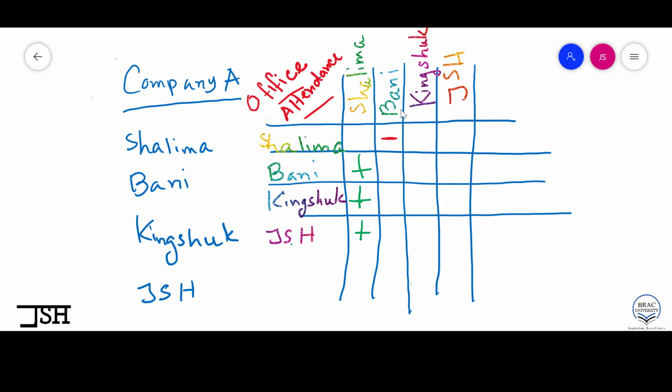Now, as we are describing Bunny's performance in this cell, we have to put a negative sign or a minus sign because Bunny has lost to Shalima, and losing is something negative for Bunny. So I guess it's clear now. For the same outcome, we are putting a plus sign in this cell. Why? Because between Shalima and Bunny, Shalima won, and winning is something positive for Shalima.